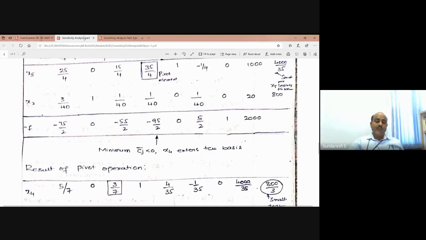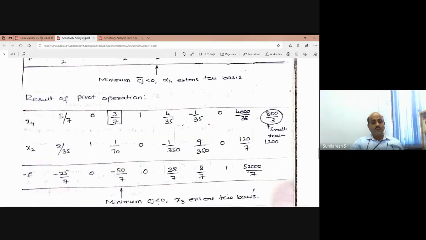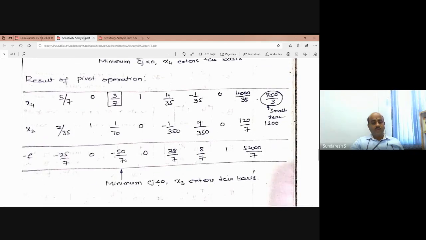In a similar way, X2. As I explained in the slides previously, for X2 the new element is equal to the old element minus the pivot column element into the new pivot row element. So you have to get this 2 by 35. Just complete this process, and also the last row. Please complete both the rows.